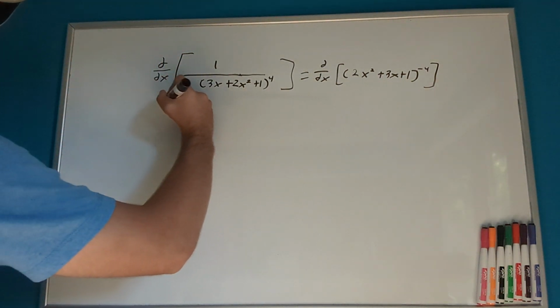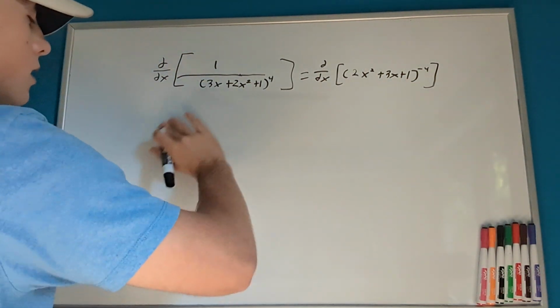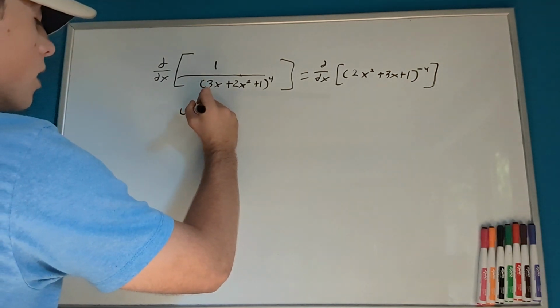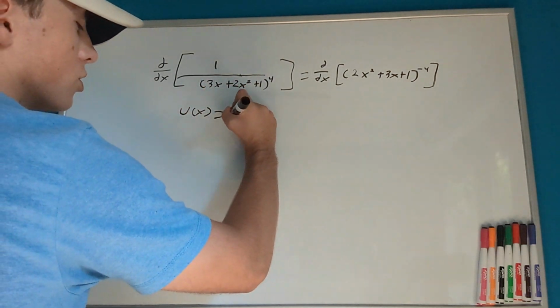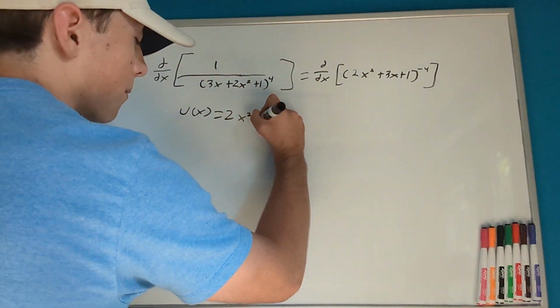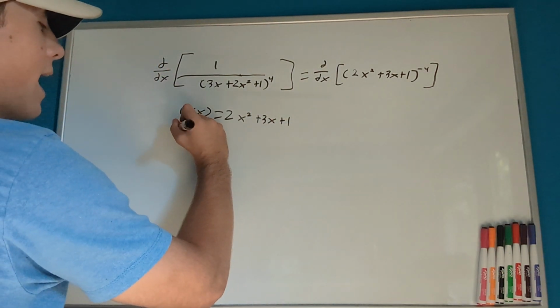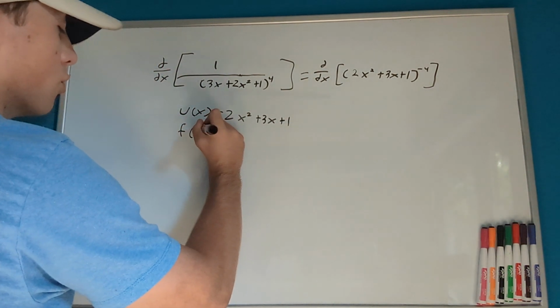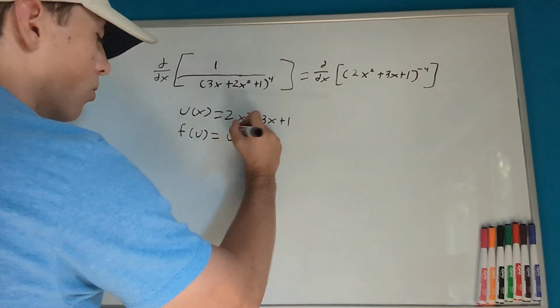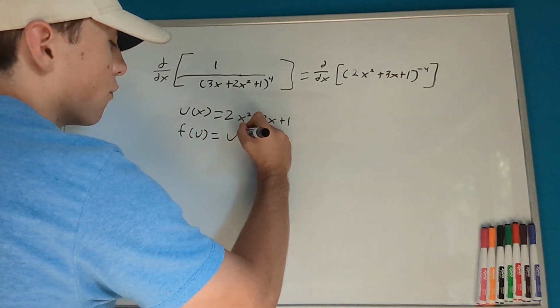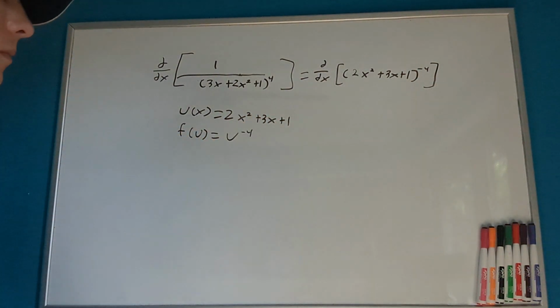So then, let's remember, what do we want to do? Well, we can say that u of x equals 2x squared plus 3x plus 1, right? And f of u equals, in this case, u to the negative fourth, okay?